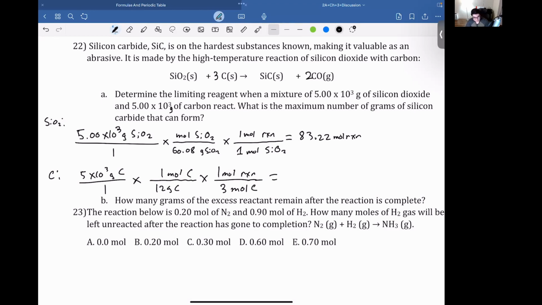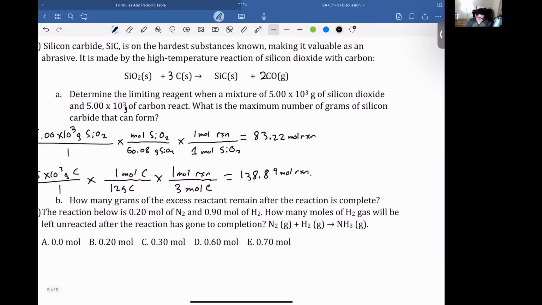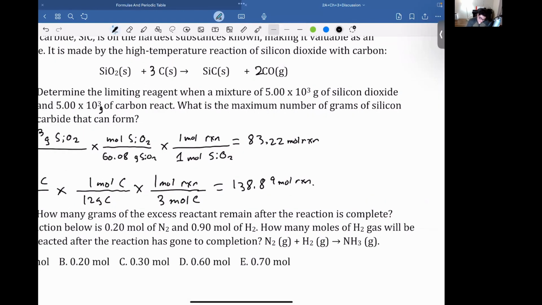So 5e to the third divided by 12 divided by 3 is 138.89. So clearly the SiO2 is limiting. SiO2 produces less reactions.